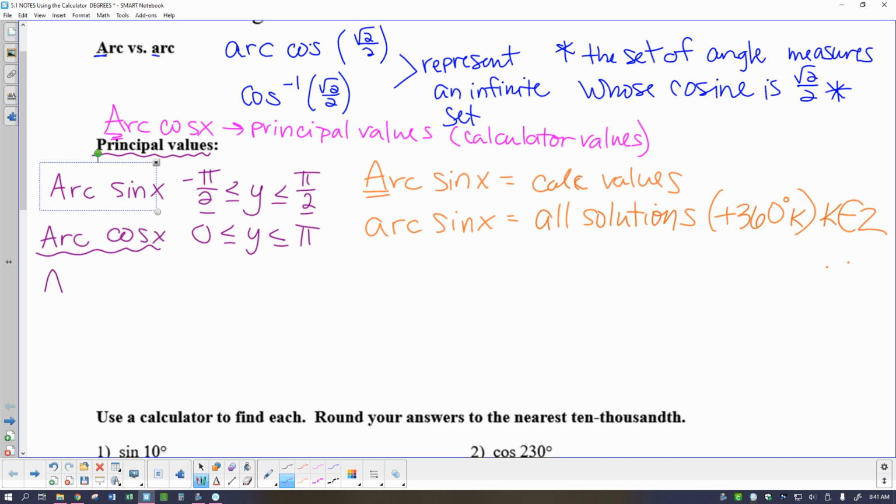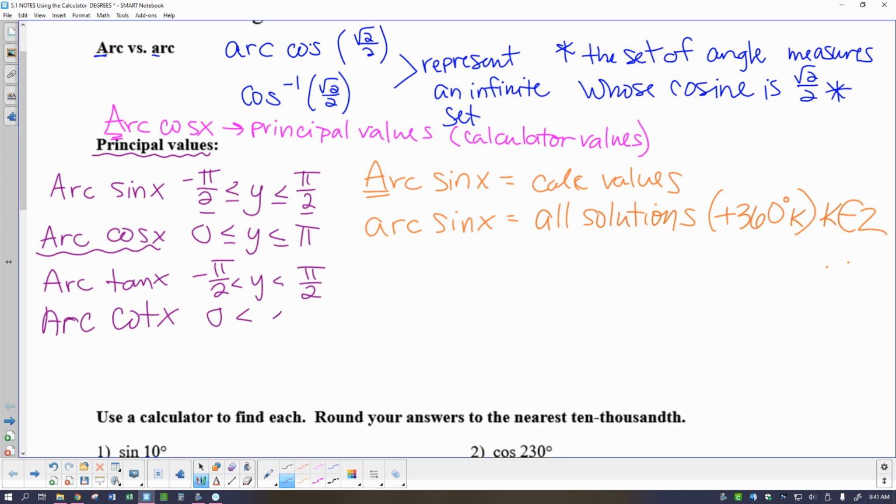And similarly with all the other ones, you've got these going on. I gotta erase these, sorry. Did not mean to put those. All right, and let's see. We have arc cotangent.